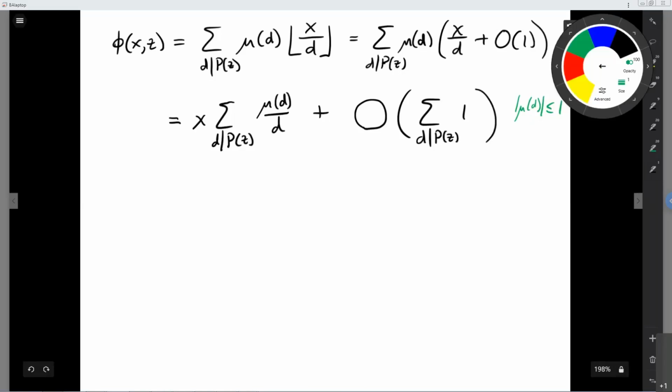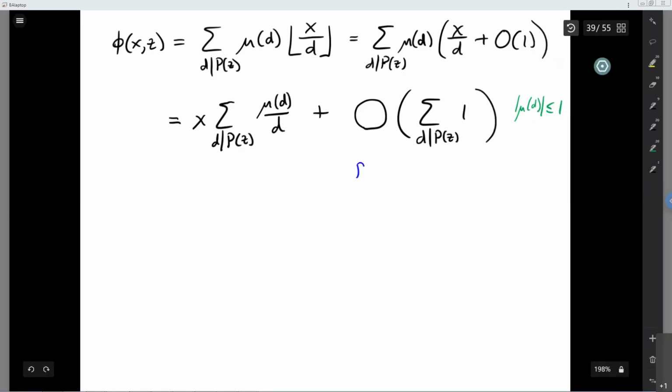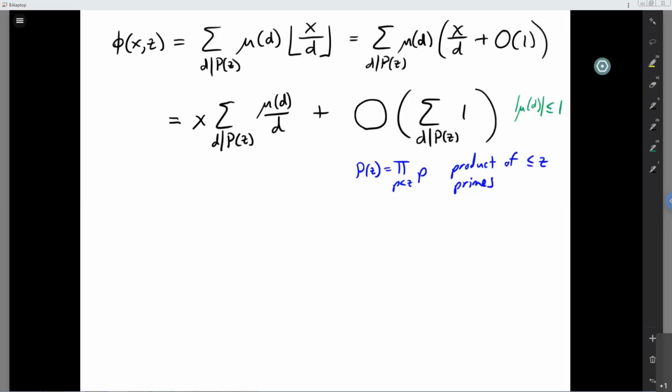So where that comes from, well, p of z is a product of less than or equal to z primes. It might be significantly less. It's technically pi of z primes, but for this error, we're just going to say less than or equal to z primes. Well, a divisor is a product of some subset of those primes.